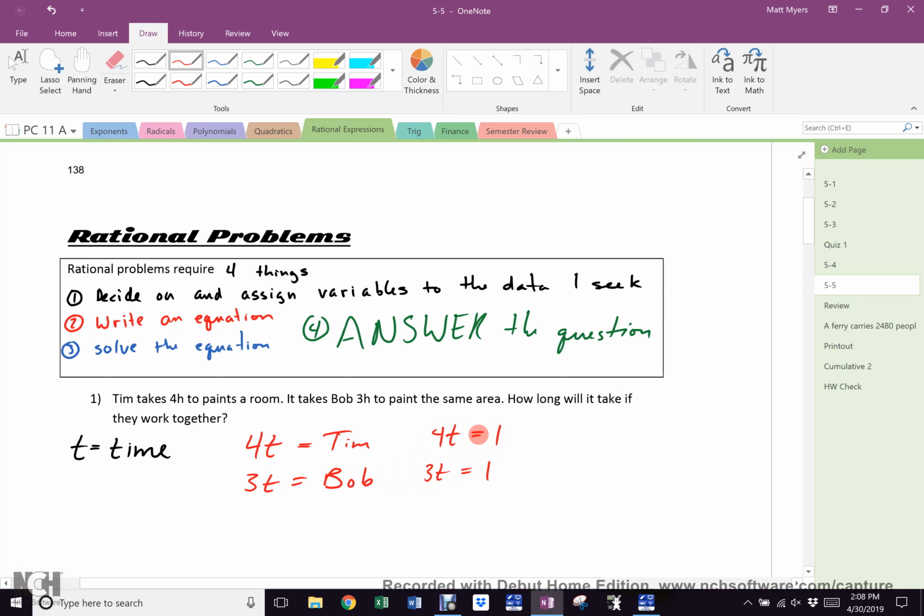What do you do as soon as you see an equation? Solve it. So for Tim, what does T equal? 1/4. Yes? Everyone agree? What does Bob equal? 1/3. Agreed? Everybody with me? Okay.